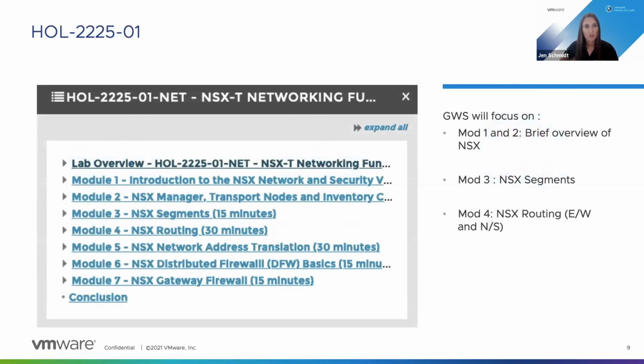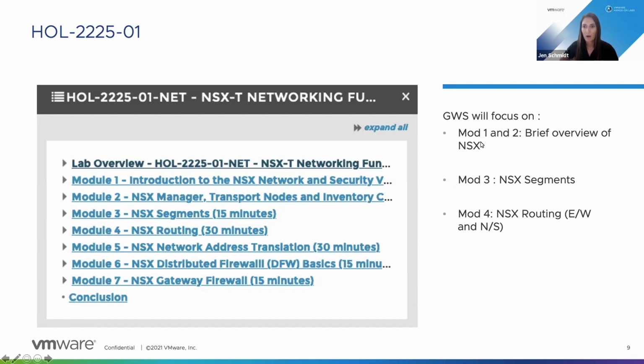So, a brief overview of the 222501 lab. We have 7 modules in the NSX-T Networking Fundamentals lab. As you can see here, we've got introduction segments. We talk about NSX segments, routing, NAT, distributed firewall, and the gateway firewall. However, for this 60-minute workshop, we're going to just do a brief overview of modules 1 and 2.